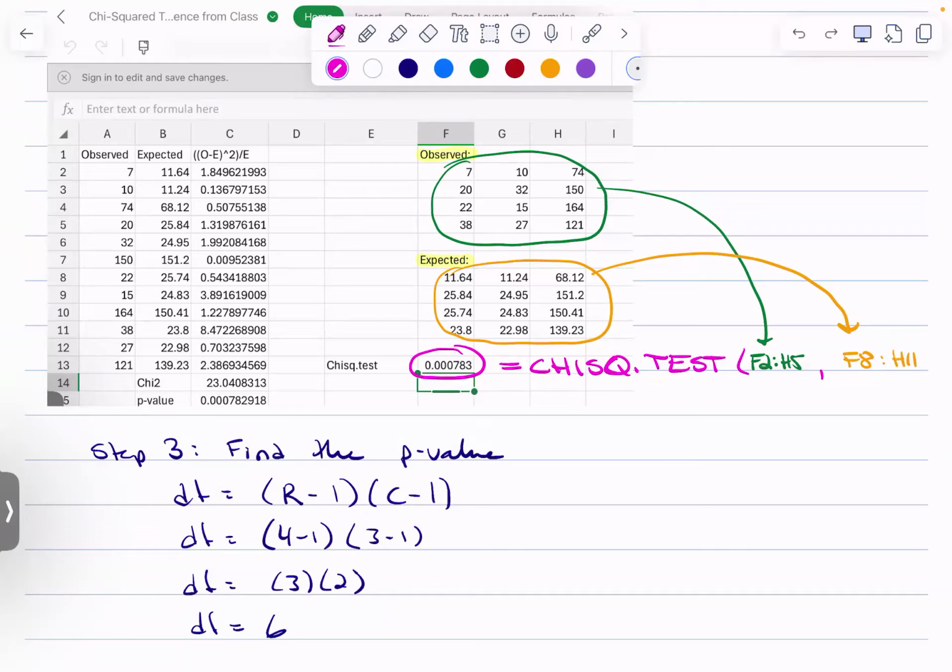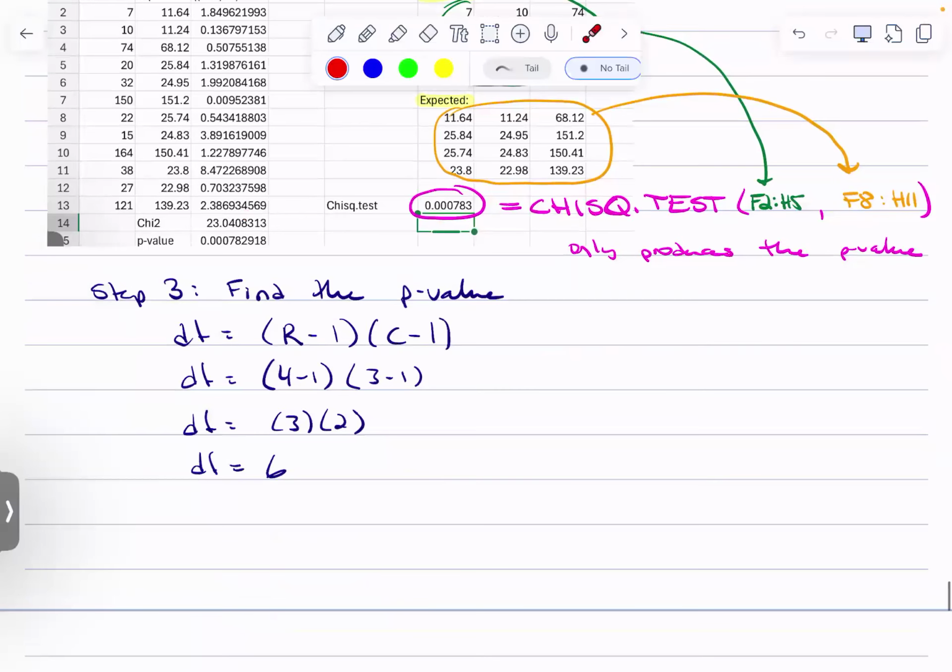The chi-squared dot test only produces the p-value, which is usually what you want anyways, right? But if you want the chi-squared test statistic, then you would want to use kind of this method where you do it manually, in my opinion. This is still manual, even though I'm using Excel, I know.